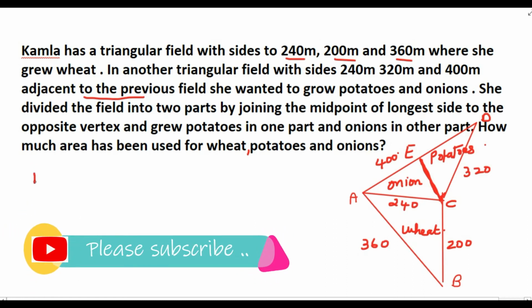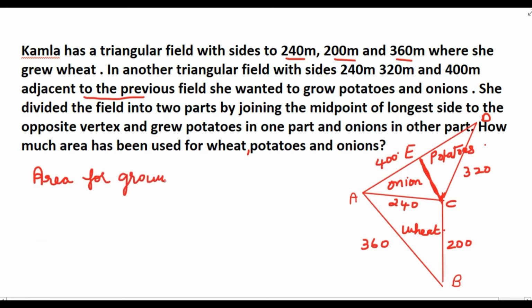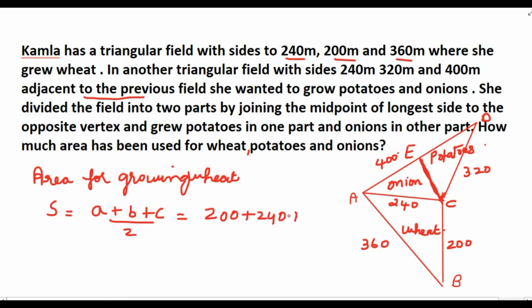So let's first find out the area for growing wheat. This is in the shape of a triangle. We can use Heron's formula for that. First let us find out what S is. S is A plus B plus C divided by 2, which is equal to 200 plus 240 plus 360 divided by 2, which is equal to 400 meters. Now we will write Heron's formula.